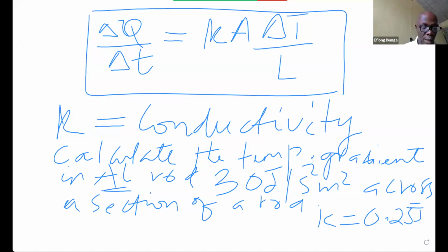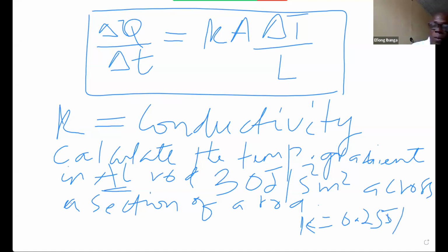I don't have space enough to write this, so let me write it down here. So you are given that 0.25 joule per second per degree Celsius. Use this.